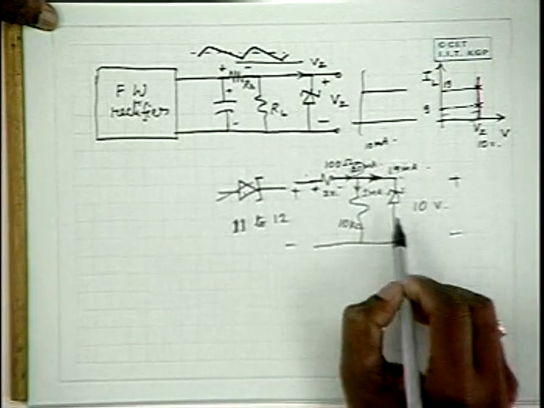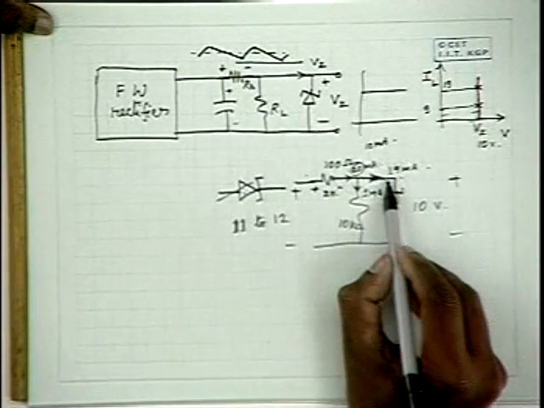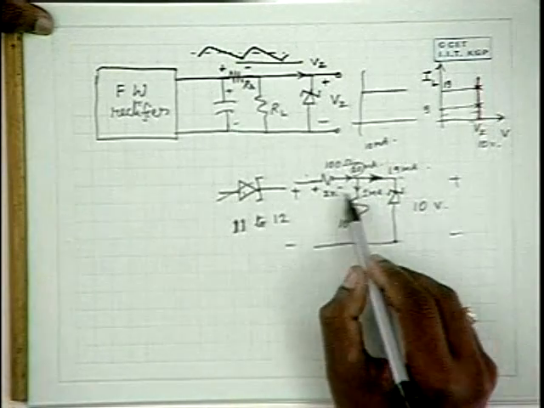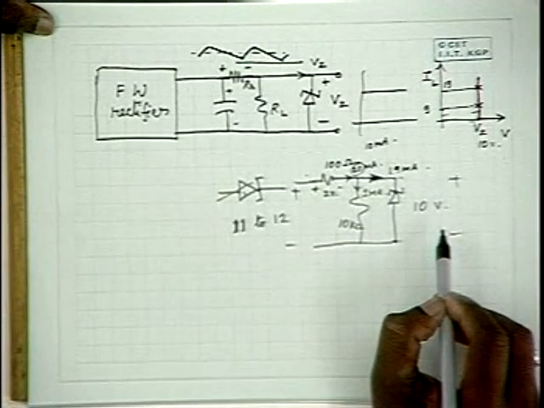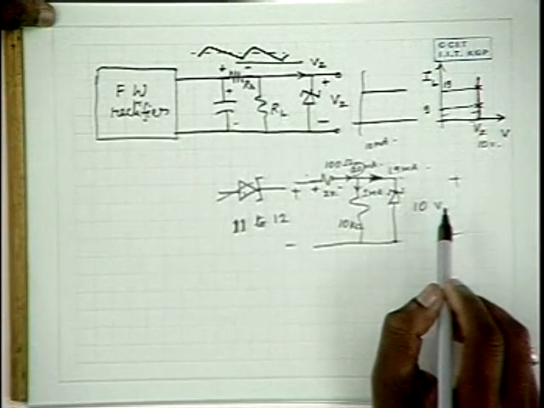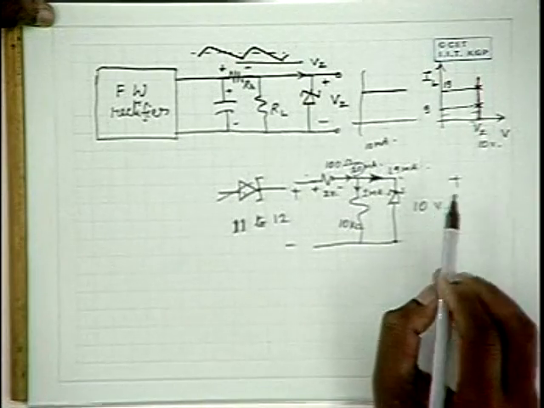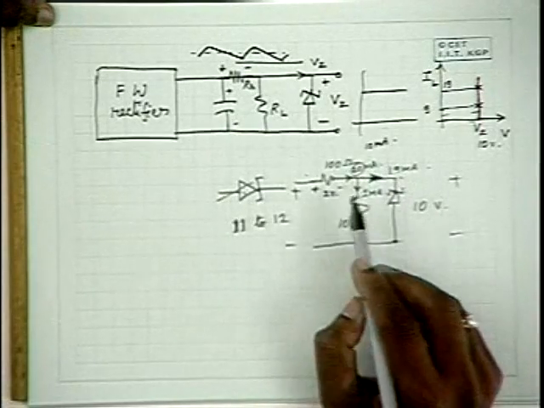So 2 plus 10 amounts to 12 volts. This is how, by allowing varied amounts of current through itself, the Zener maintains almost constant voltage at its output. As a result, the ripple can be considerably reduced. So this is what we can achieve by using a Zener diode.